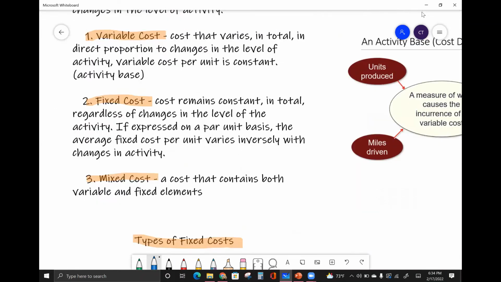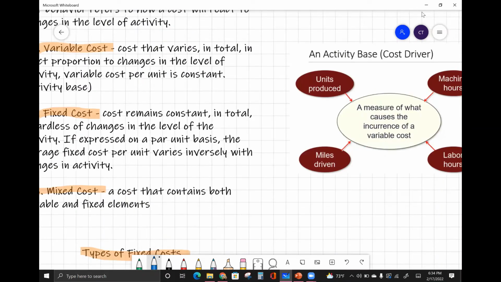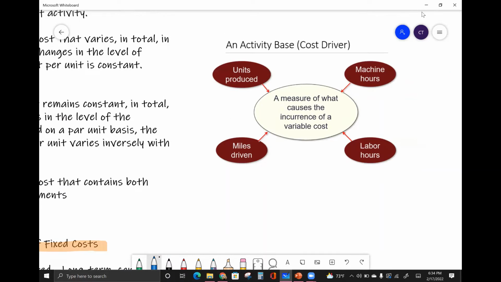Let's look at the activity base, because we're going to get into that in a couple of chapters. The activity is going to determine the cost, and it measures what causes the incurrence of the variable cost. So we have units produced; the more units we have, then that cost may change from that particular activity if we're keeping track of it that way. Miles driven, machine hours, labor hours: we can use all these different things to allocate costs.